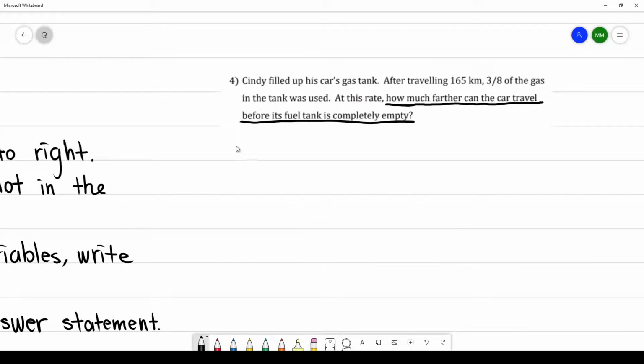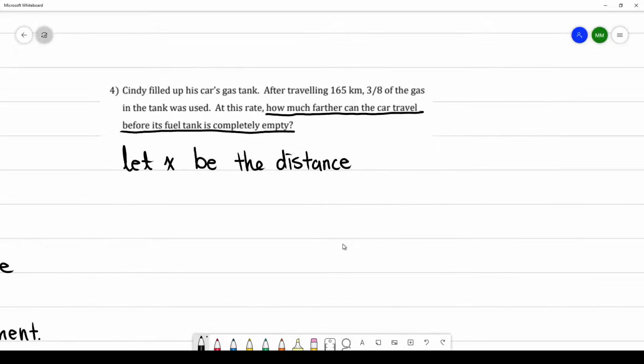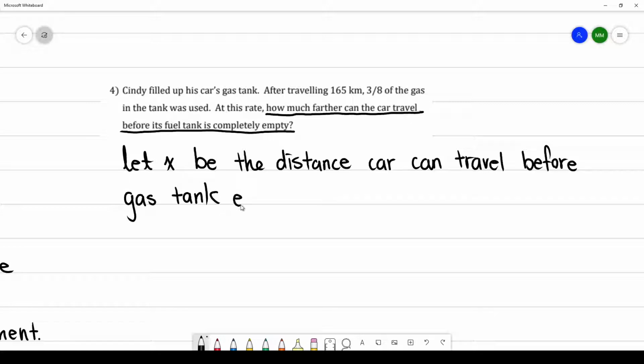So how you do this is, let x be the distance the car can travel before its tank empties.